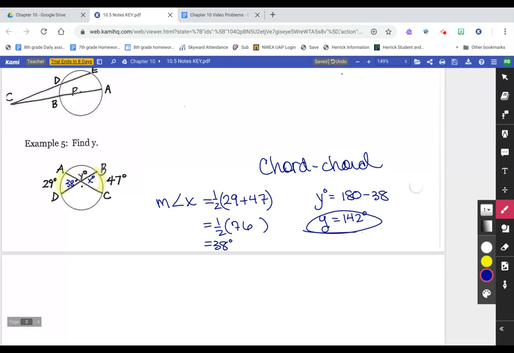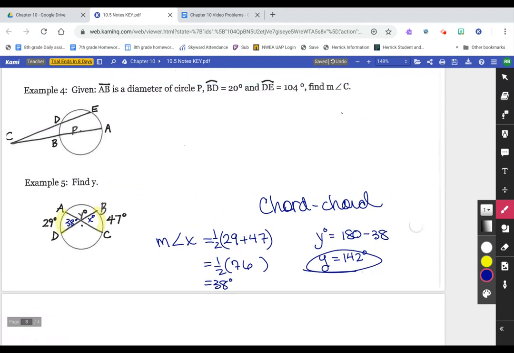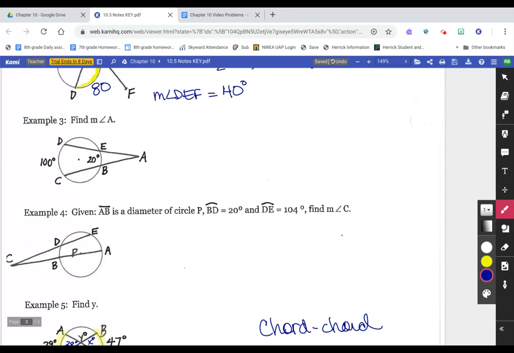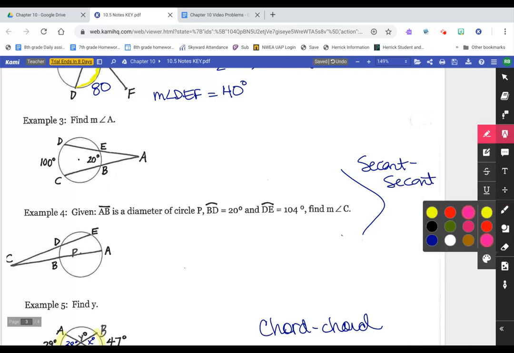All right. Now, the last rule goes for these, which happen to both be secant-secant. Let's use a highlighter. If you notice, the secant-secant angles contain two intercepted arcs.